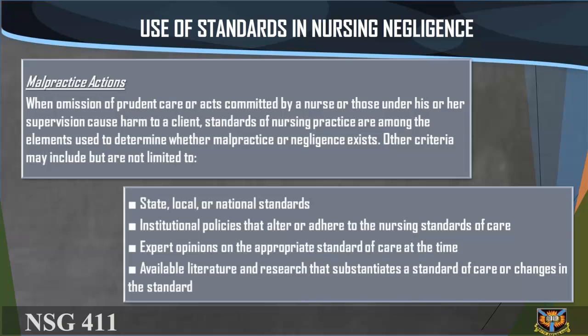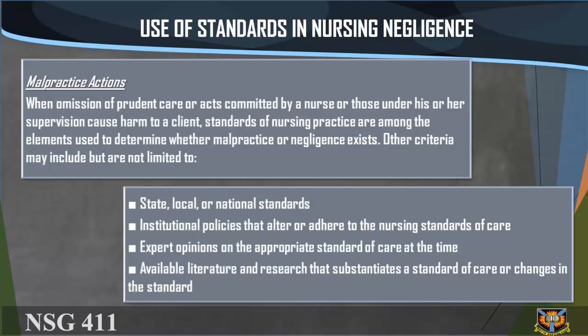Use of standards in nursing negligence and malpractice actions. When omission of prudent care or an act committed by a nurse or those under his or her supervision causes harm to a client, standards of nursing practice are among the elements used to determine whether malpractice or negligence exists.